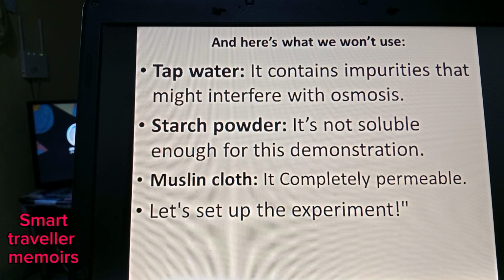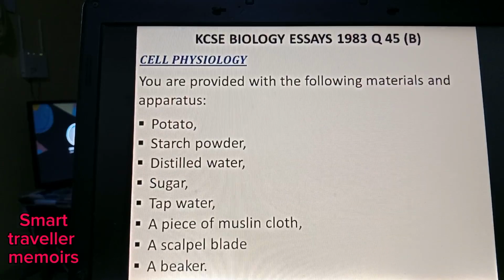Now, among the materials we had been given, let me go back a bit. Now, this was an essay question of KCSE 1983, and it was question number 5, biology.